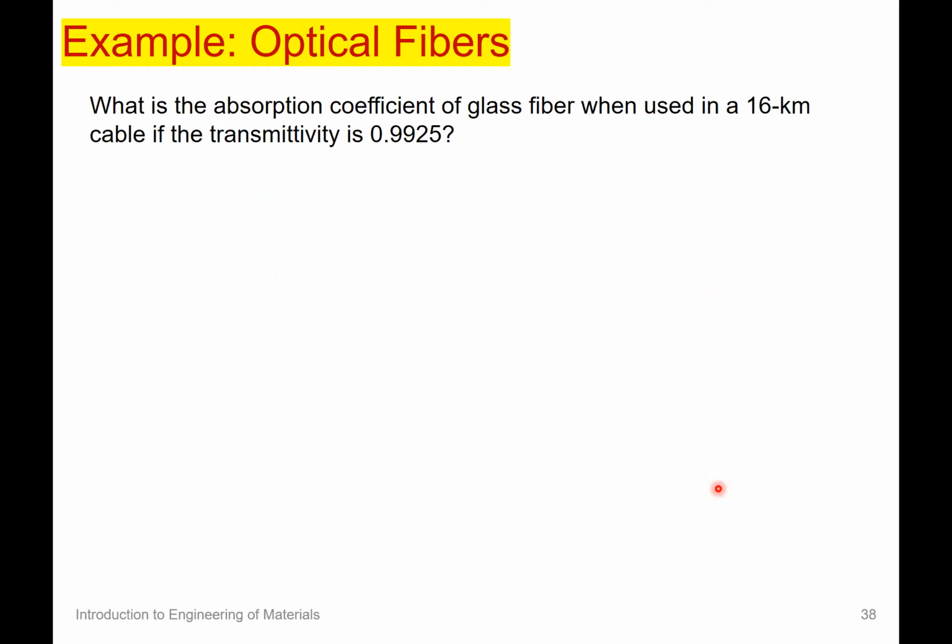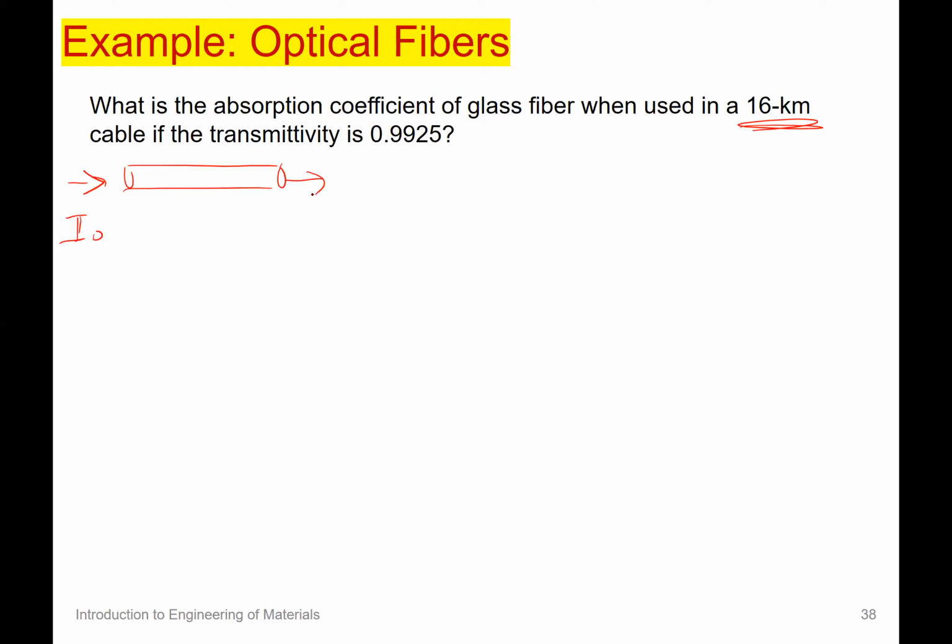all that much. And we can ask ourselves, how efficient can this type of material be if you have to design something that, let's say, has to go across 16 kilometers, right? So your cable is extremely long, and you have this transmissivity of 0.9925. So here we're treating it as, here's the cable, and you're putting in I naught, your incident intensity.